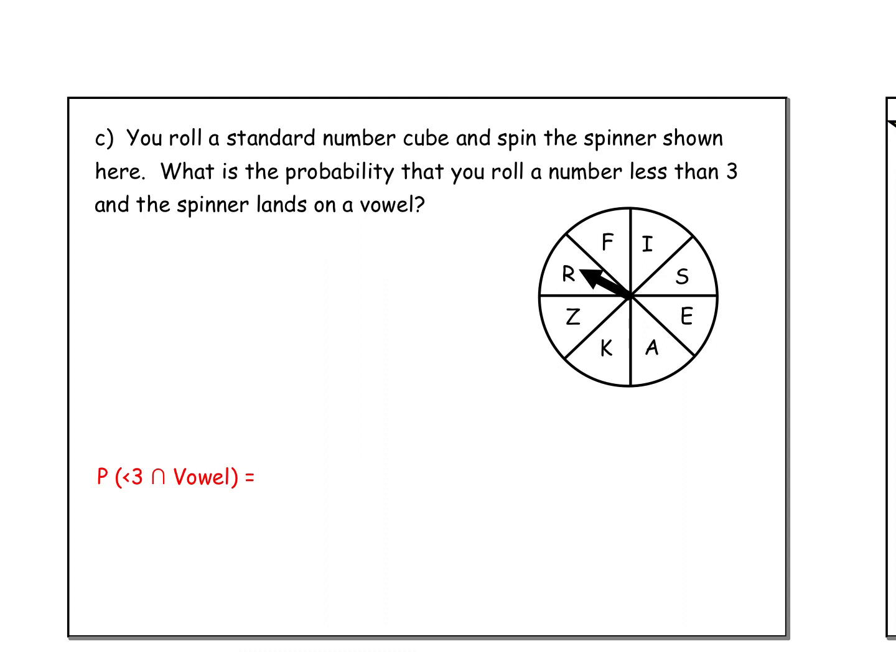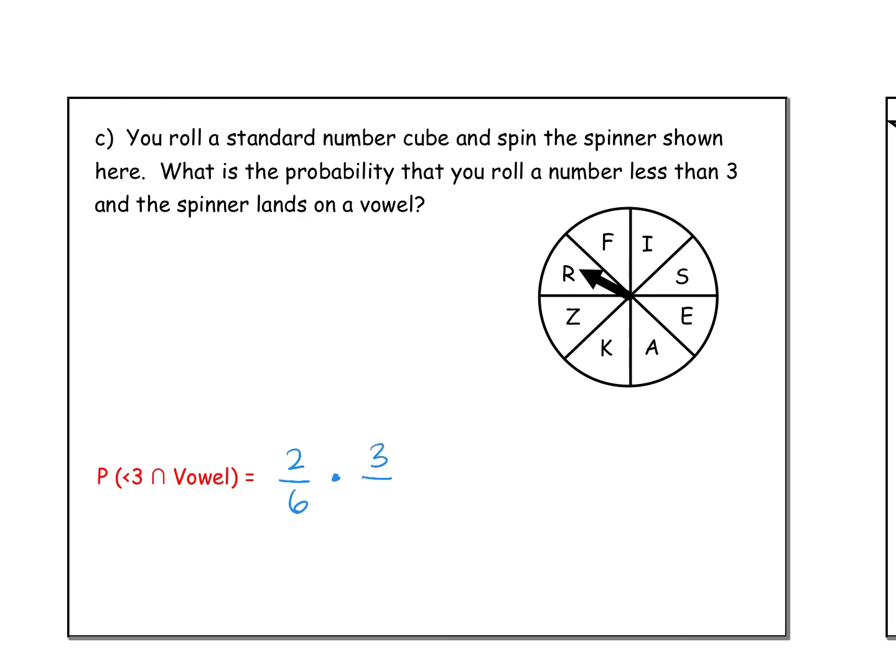All right, what's the probability less than 3? How many sides are less than 3? 2 out of 6. And, so we're multiplying. These two are independent. The one does not affect the other. So and multiply, and then we spin a vowel on here, which would be how many?